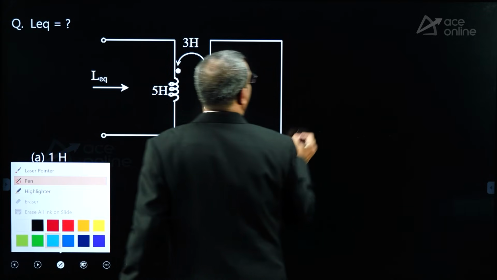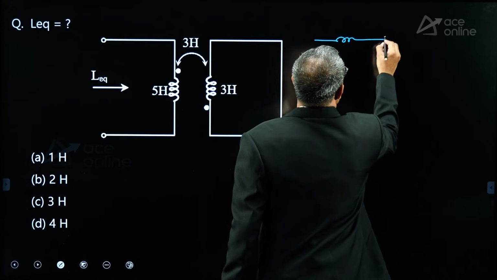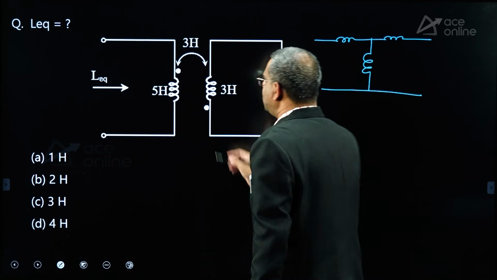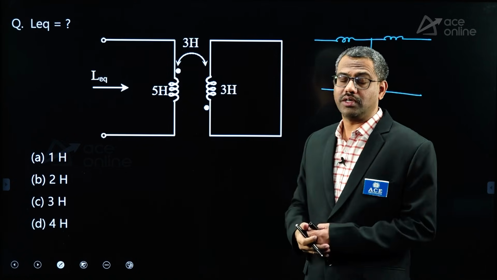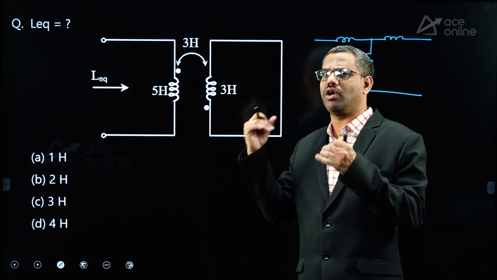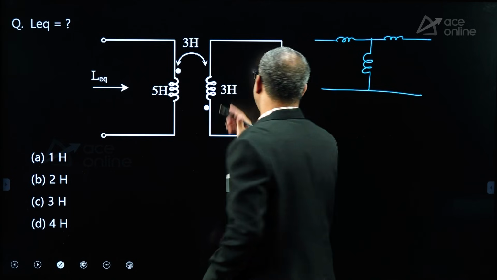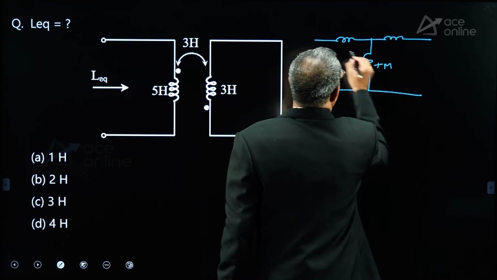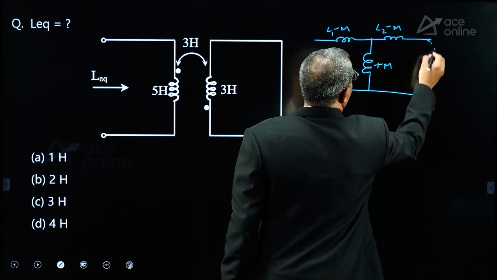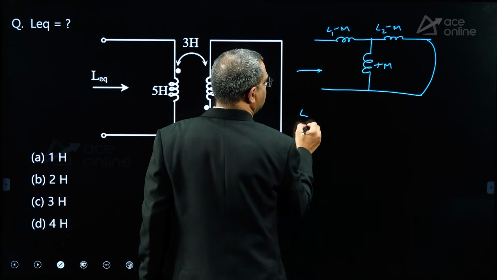If you write this in series aiding or series opposing, the same answer will come, because inductance is passive bilateral. You may say, sir, a dot is given, what about the dot? Because inductance is passive bilateral and independent of notation, whether you take mutual aiding or mutual opposing, the same will come. If I take mutual aiding, this is plus M, this is L1 minus M, this is L2 minus M, and the secondary is shorted. Now what is L total seen from here?